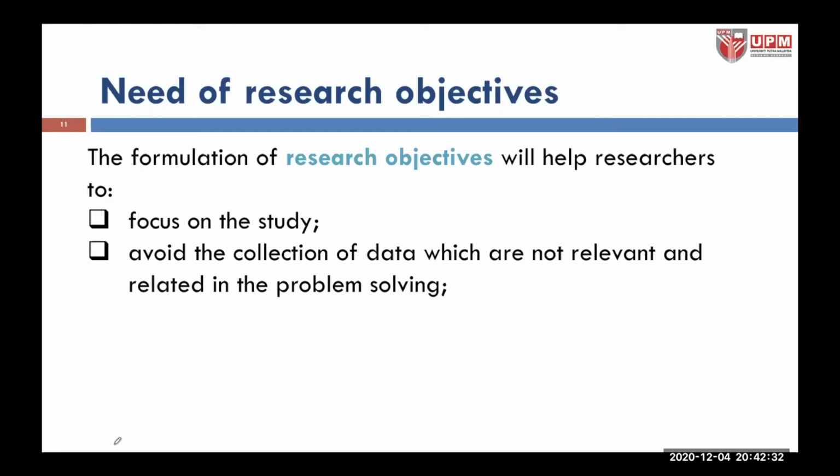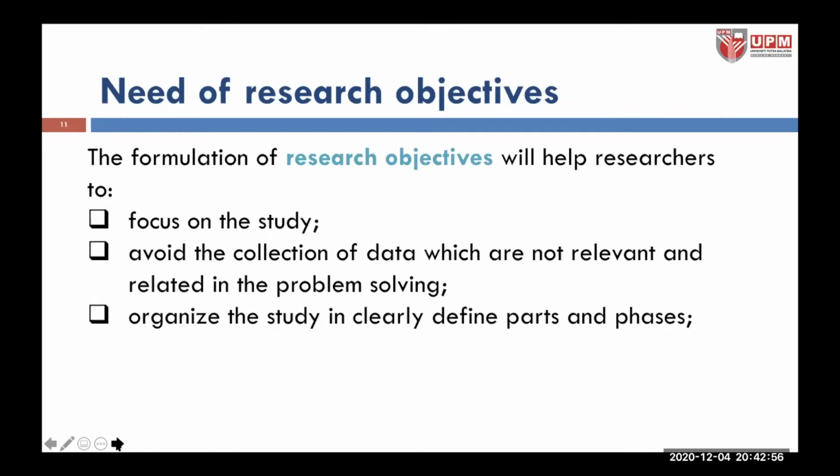Sometimes students write a research objective, but they go beyond the objective that was stated. So by having a good research objective, it will avoid unnecessary data collection, which is probably not relevant in your scope of study, right?